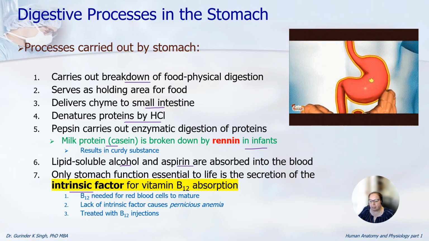Remember, DNA and RNA are important to keep the cells functioning well, because we need them for cell repair and so on. It's also required for red blood cell formation. If there is no intrinsic factor, then people can have what we call pernicious anemia, and that can be treated by giving injections of B12 to the patients.